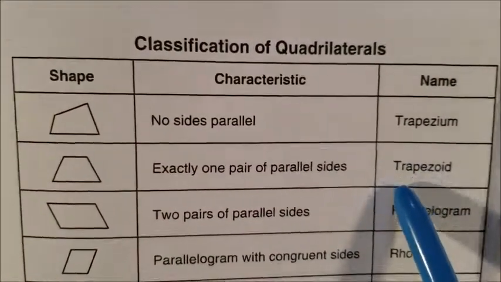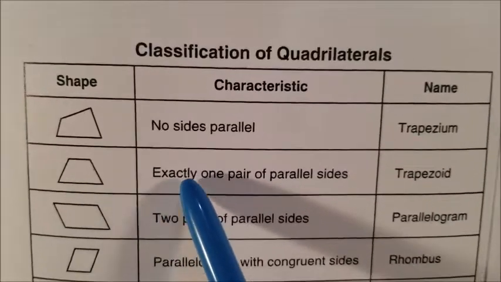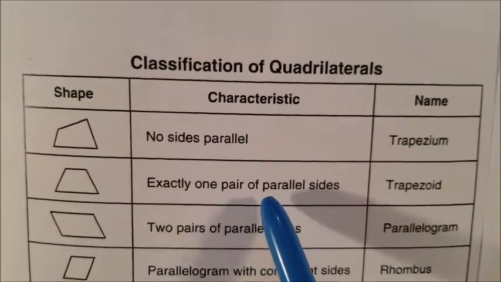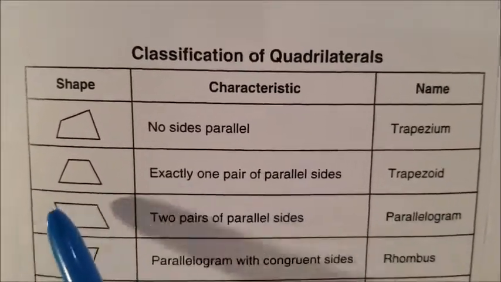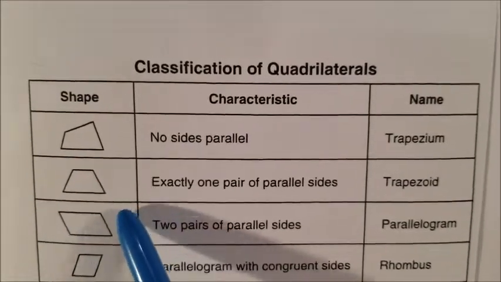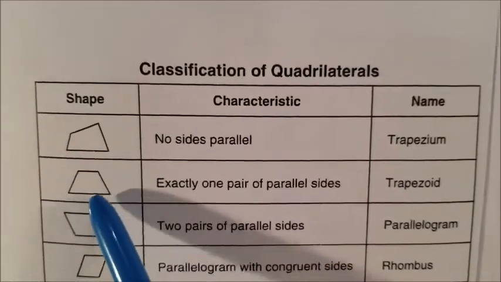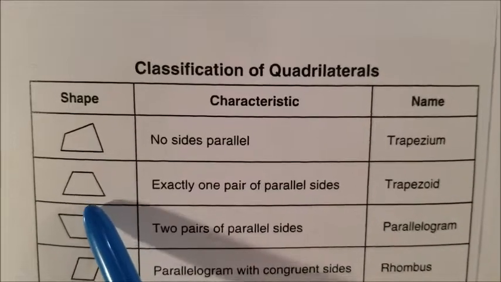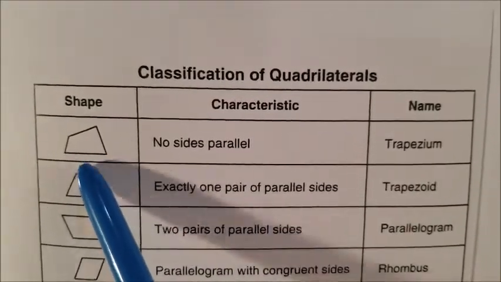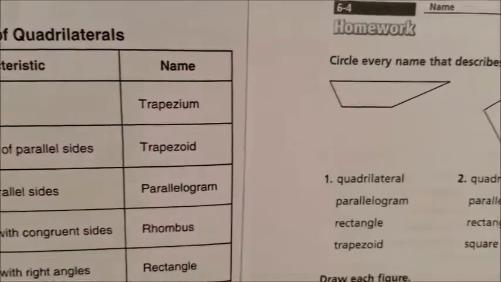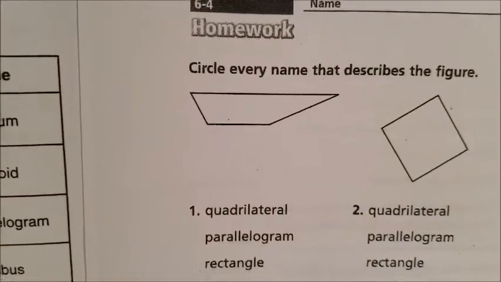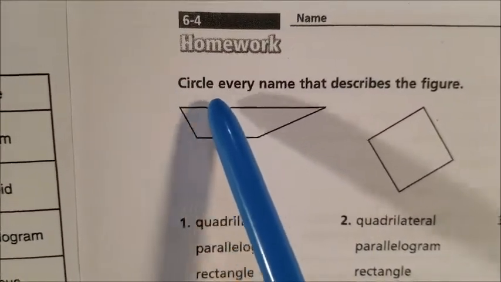Let's see, trapezoid. Let's go over to our chart. Exactly one pair of parallel sides. Well, this right there and right there, there's parallel sides. That's one pair. Pair means 2, and then these are not parallel. Trapezoid. That's parallel.